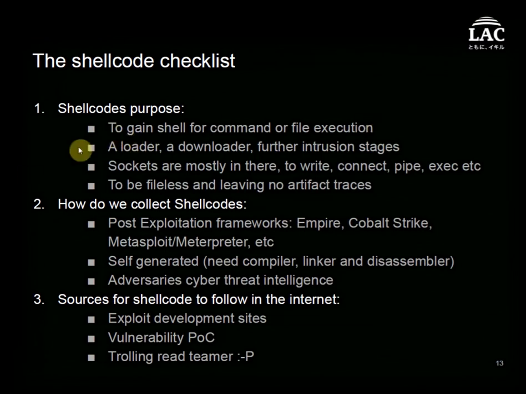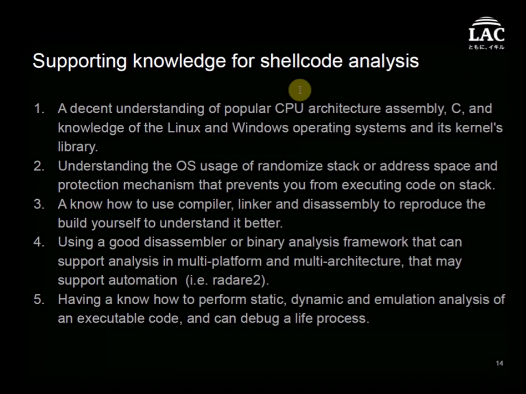The shellcode checklist goes like this. The purpose is to gain a shell, as a loader, downloader, or for further intrusions. Sockets are used a lot to be fileless, and there is how to collect shellcodes, following the post-exploitation tools, self-generated adversary intelligence, and how to troll them on the internet.